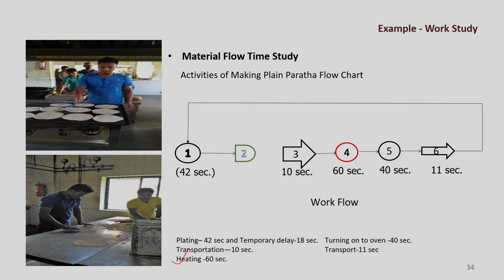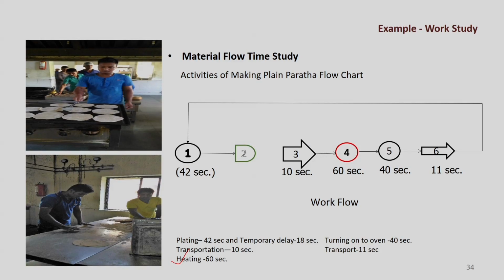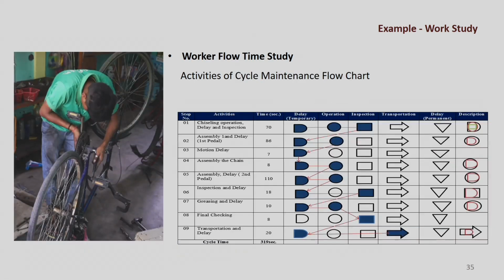We heat it on one side, then turn it to the oven for the other side, and then we do the transportation. We keep it for temporary storage, and can go back to the other step and repeat the process. So, this can be done.